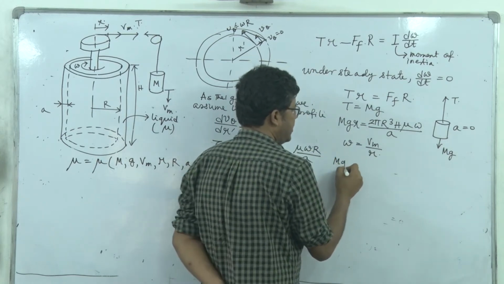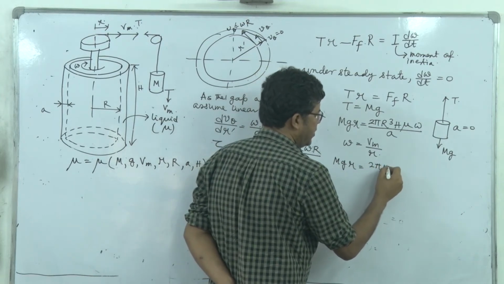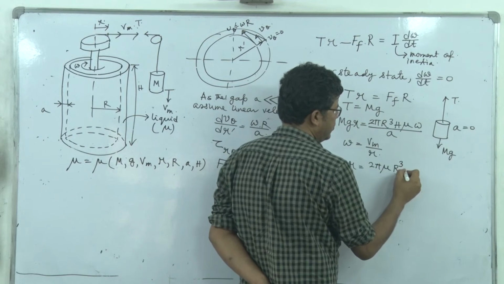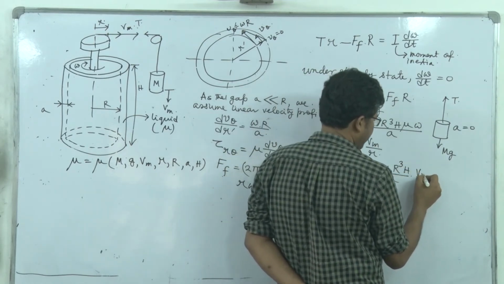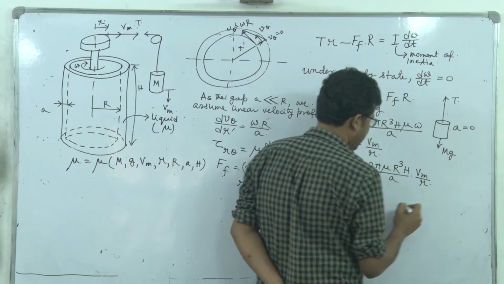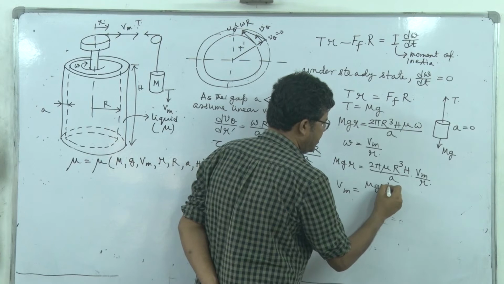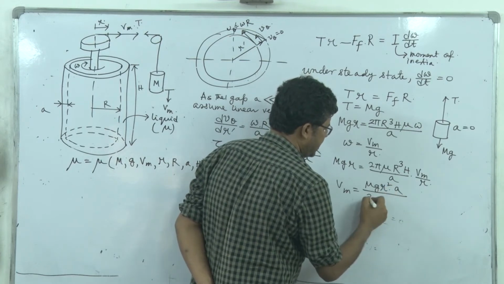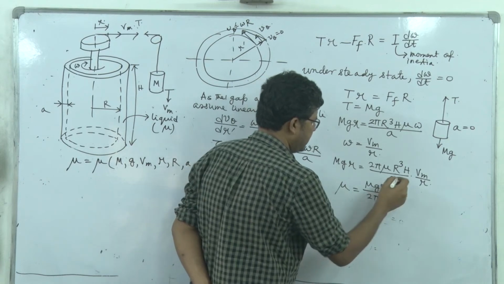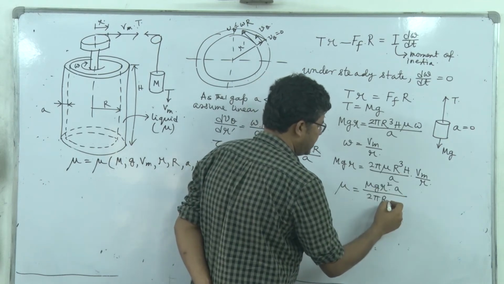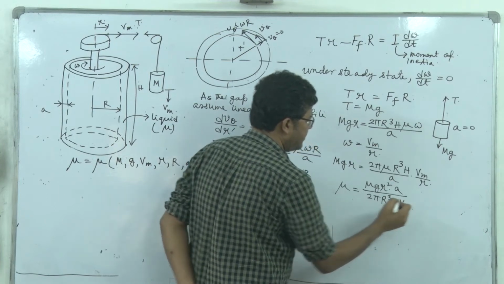So mgr is equal to 2 pi mu R cubed h by a into Vm divided by r. So mu becomes mgr squared into a divided by 2 pi R cubed into h into Vm.